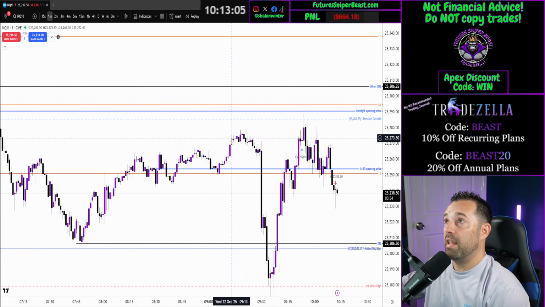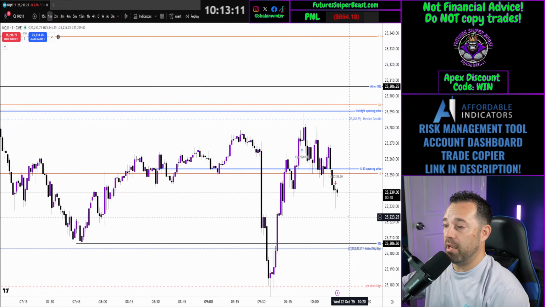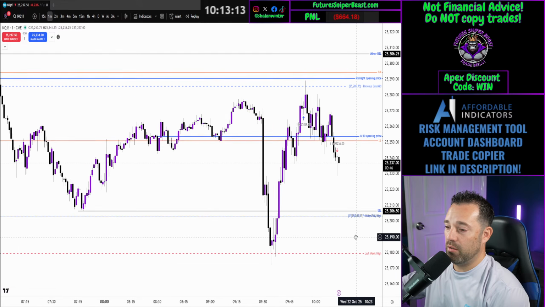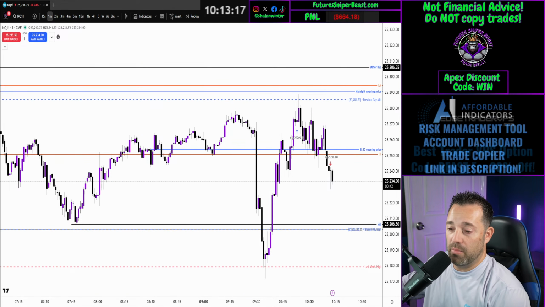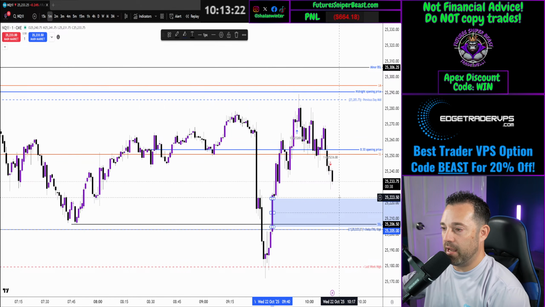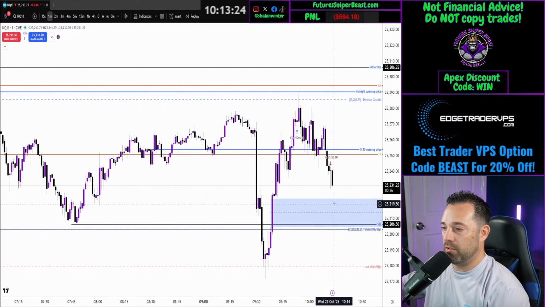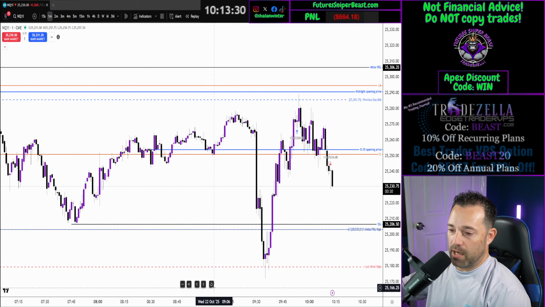And this is what I'm talking about. That 15-minute fair value gap did hold and create enough turbulence for it to pull back down. I still don't think we're going to just keep running down. We might, but I think at this point, this is the fair value gap. This area here we may come down to, and then continue up from there potentially, but we'll see.